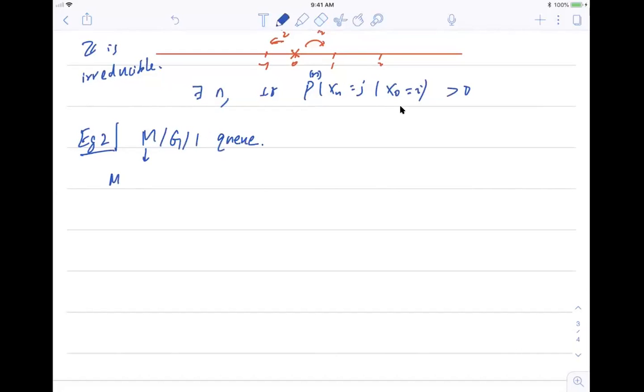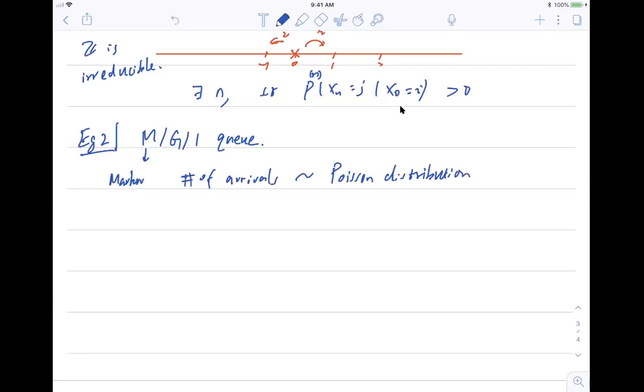This M means Markov. It means the number of arrivals satisfies a Poisson distribution. So what is this model used for?